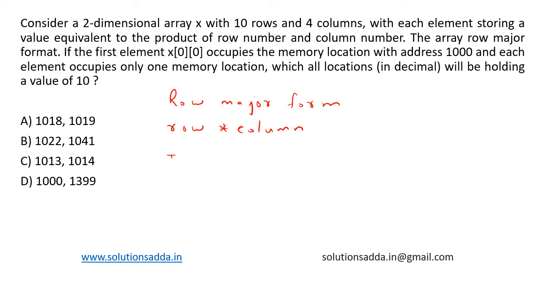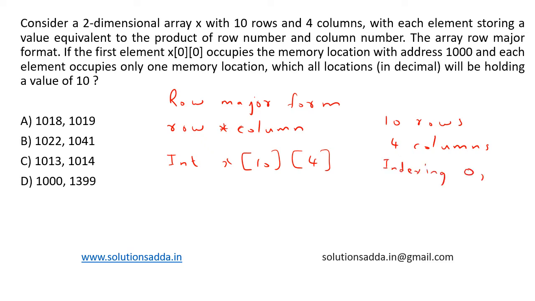Assume it is an integer array int X[10][4]. So there are 10 rows, 4 columns, and the indexing is at 0, 0, and it is stored in row major form.